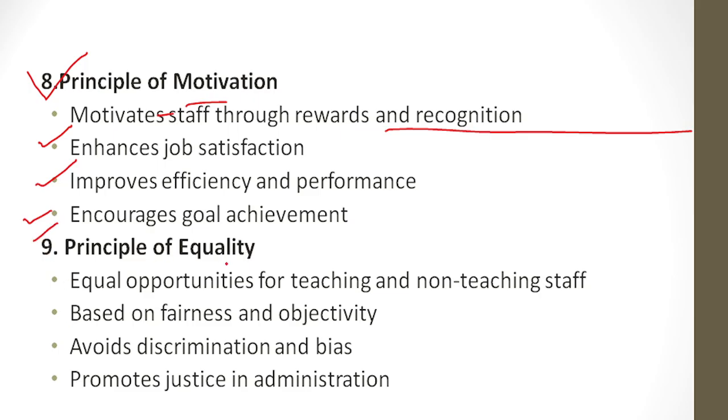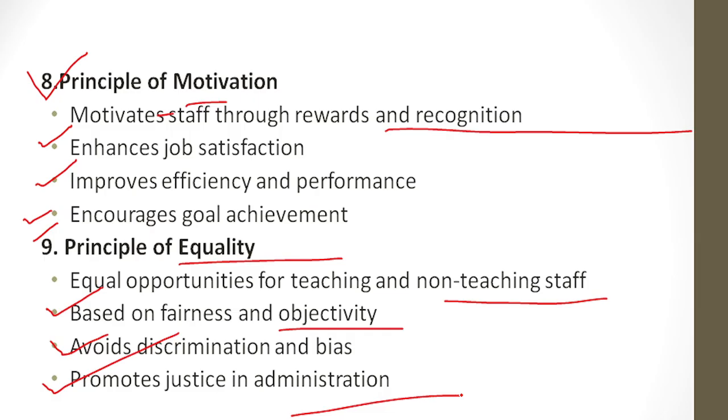Then is the principle of equality, equal opportunity for teaching and non-teaching staff. Equality means fairness and objectivity should be there in any educational institution. There are several stakeholders in the education system, and if everyone has equal opportunity, then only we can say that there is no discrimination and bias, and it also promotes justice in administration.